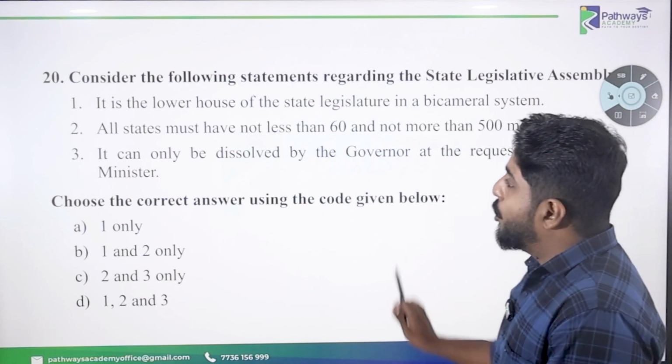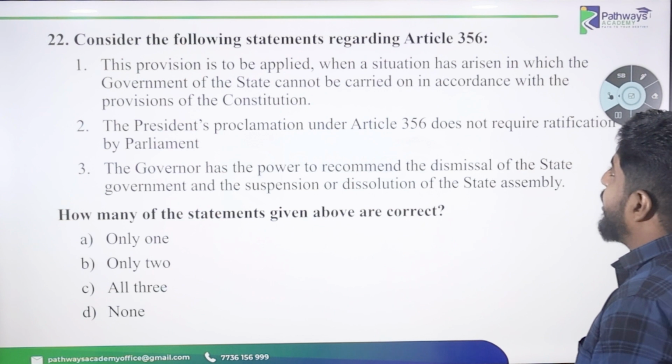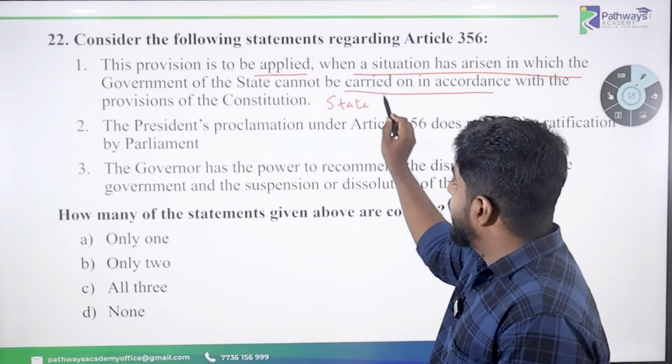Question number 22. Consider the following statements regarding Article 356. The provision is to be applied when a situation has arisen in which the government of the state cannot be carried on in accordance with the provisions of the Constitution. See, 356 is popularly also known as state emergency, isn't it?